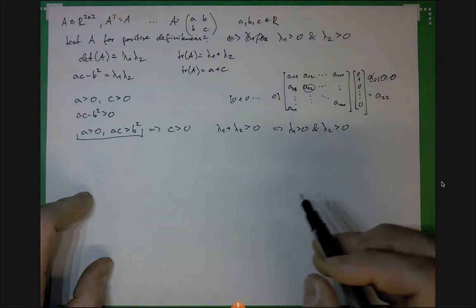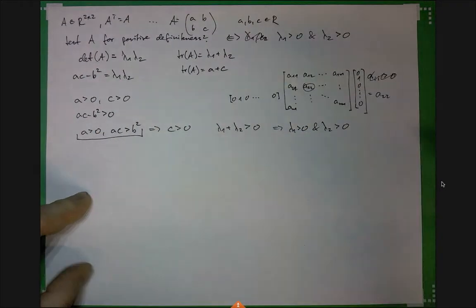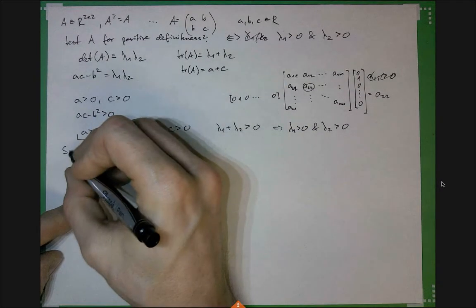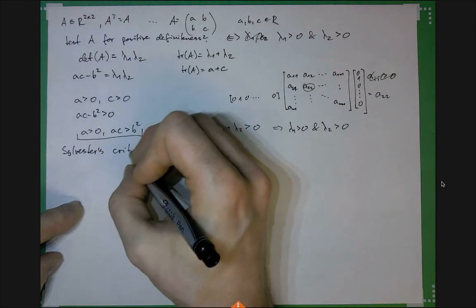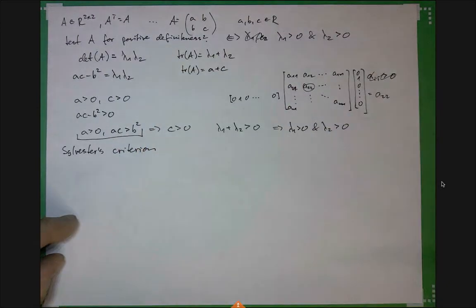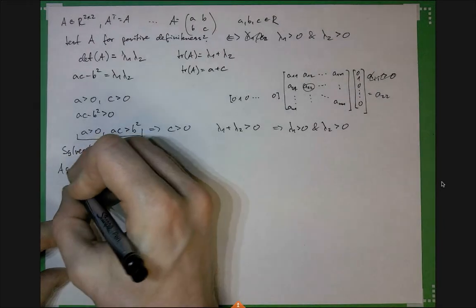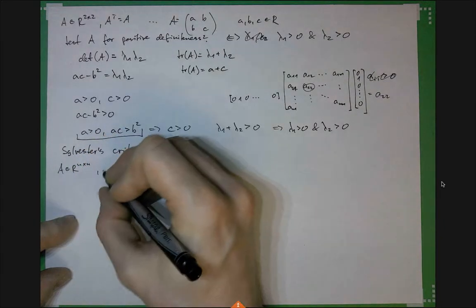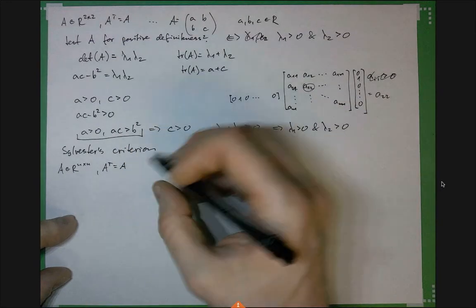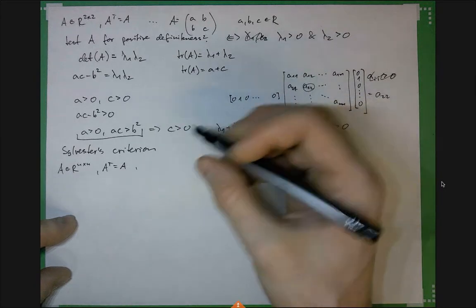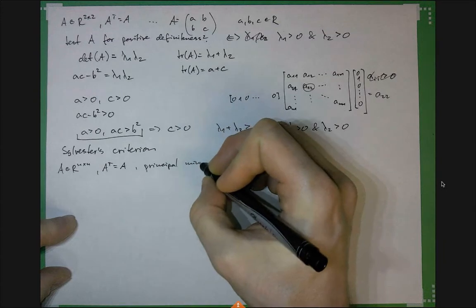So for general n by n matrices, we can have a similar statement. This is called Sylvester's criterion. I don't think I covered this, so I just wanted to mention it so you know it, because it's sometimes useful. If I have a matrix which is n by n this time, and it's symmetric, then I can define what are called principal minors.